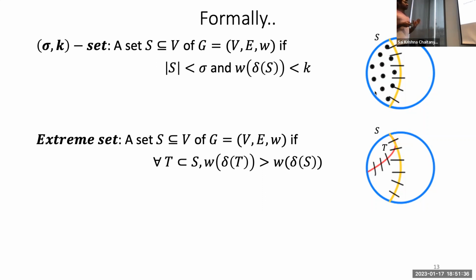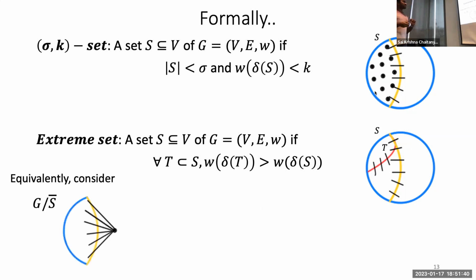There is a good equivalent understanding of this property called extreme set, which is this. Equivalently, consider G contracted S bar. So we have this graph, and this is the set S, and all the subsets of S have larger cut size.